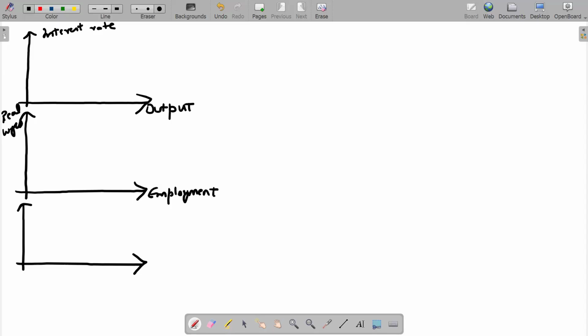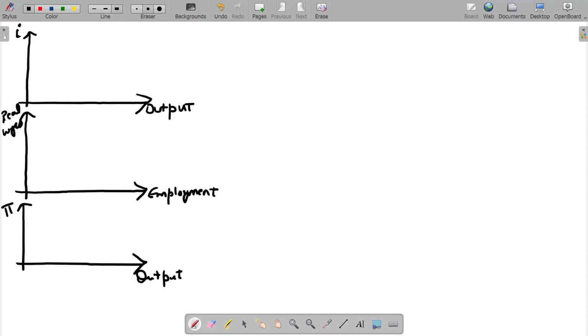In the last diagram, we have output on the horizontal axis and inflation on the vertical axis. I can use pi to denote inflation. Similarly, on the top, I can just write I for the interest rate to save space.